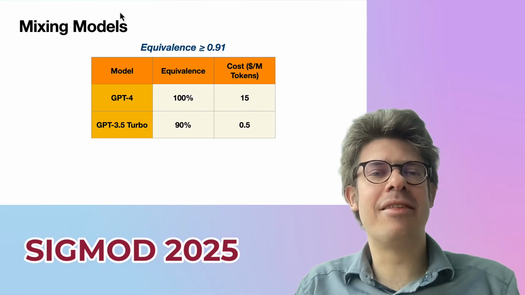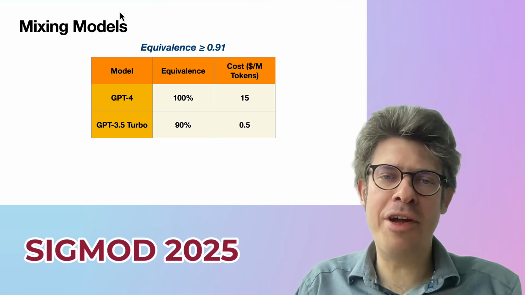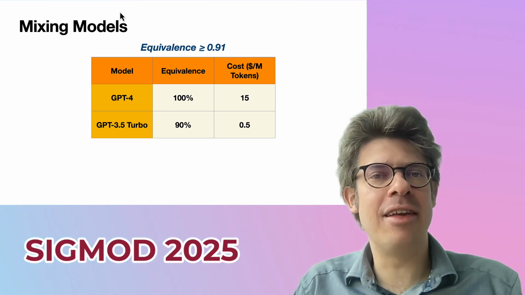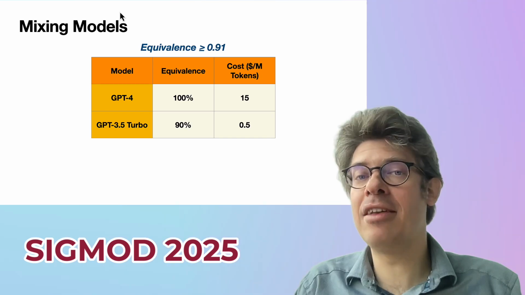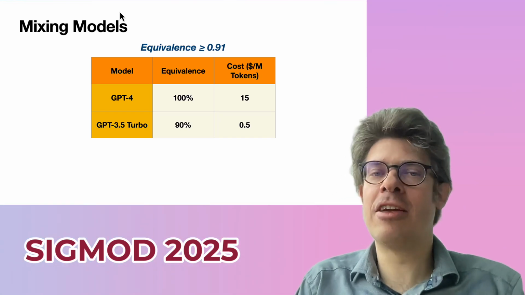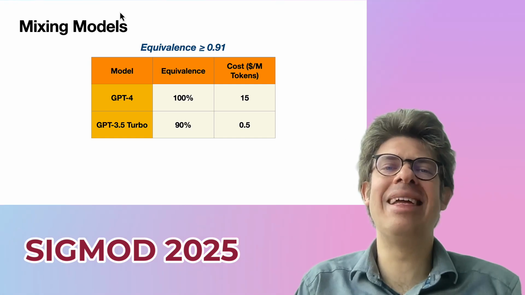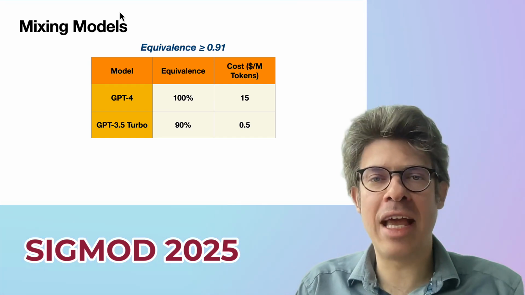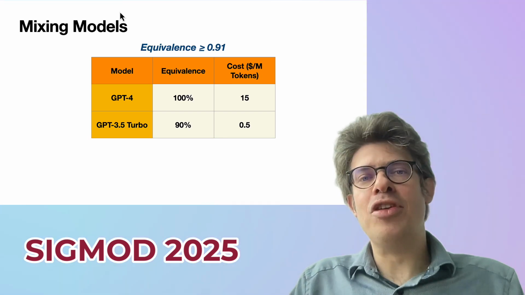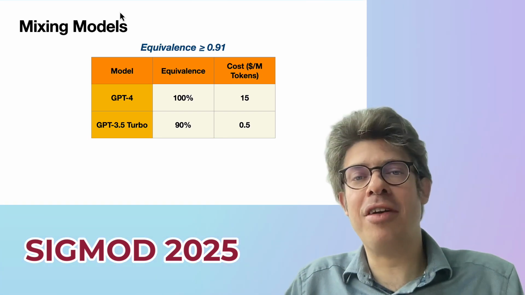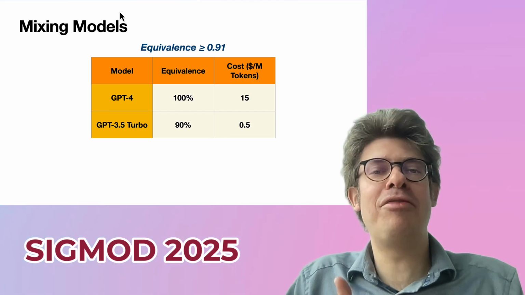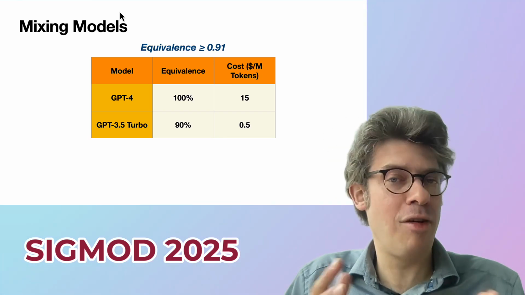Now here's a little example to illustrate this point. Let's assume that users have specified an equivalence constraint of 91%. So with a certain confidence, we want to produce equivalent output to the reference model in 91% of cases. And after profiling, we know that GPT-4, which is the reference model, will produce the reference output in 100% of cases, of course.